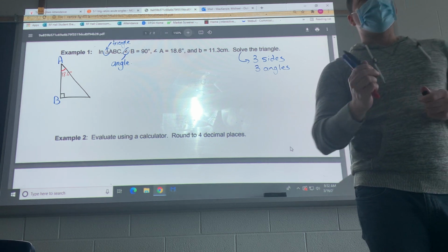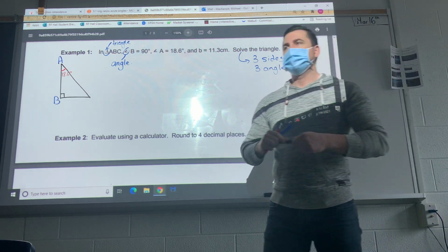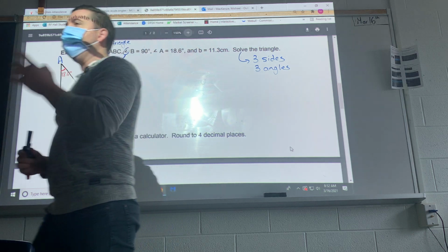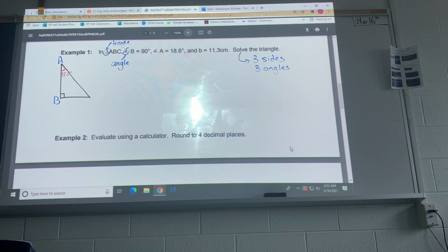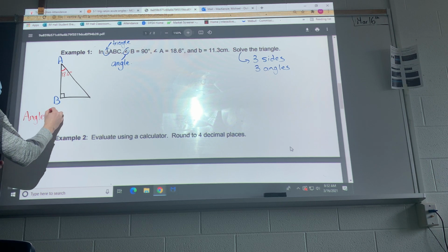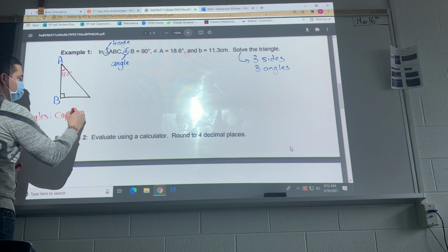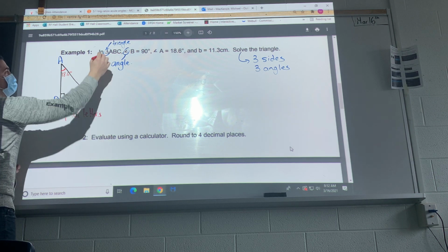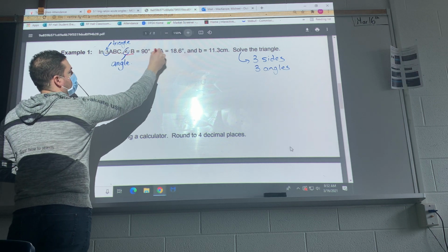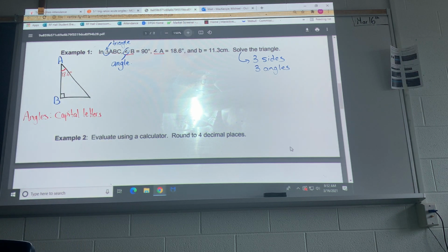Okay, so in every triangle we have angles and sides. Whenever you see an angle, it will be in capital letters. So you'll notice that angle B and angle A are in capital letters.